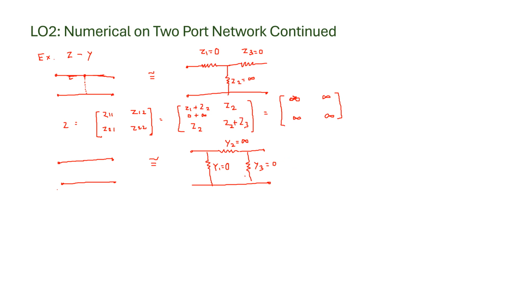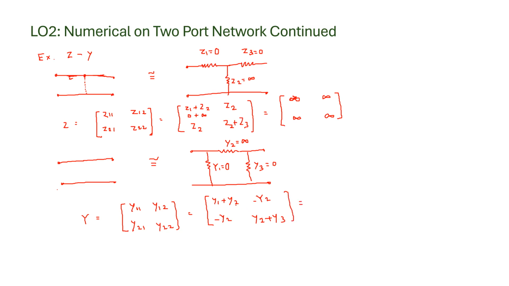So what will be the y parameters to this? Y parameters will be equal to y11, y12, y21, y22. Now what is y11? Y11 is y1 plus y2. Here we will have minus y2, minus y2, and we will have y2 plus y3.